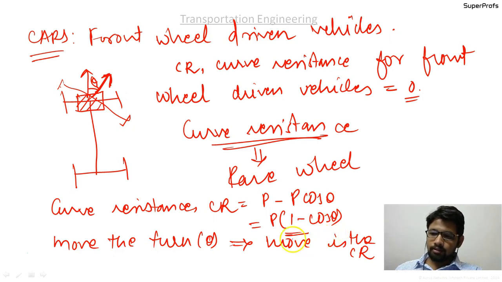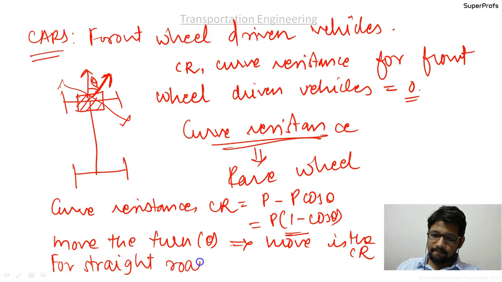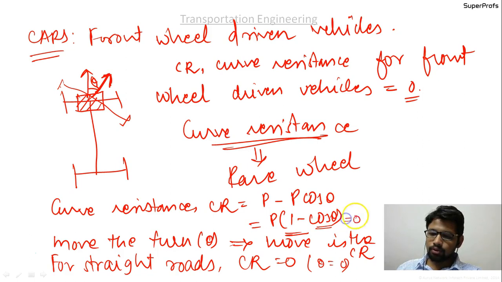Okay, for straight roads, curve resistance is equal to 0 because theta equal to 0. And when theta equal to 0, cos 0 is 1 and P(1 minus 1) equal to 0.